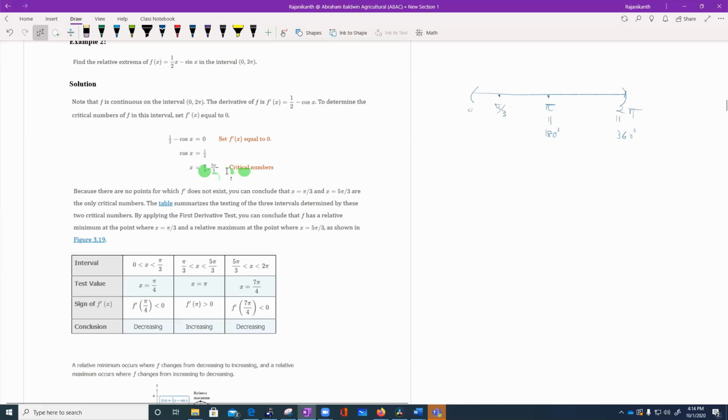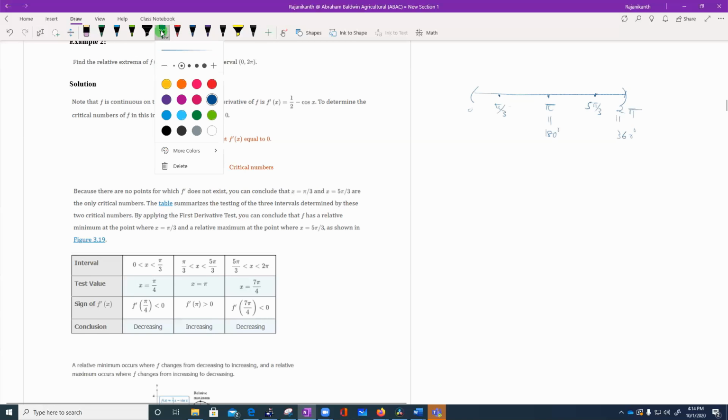Okay. The second critical point is 5 pi over 3. 5 pi over 3 is bigger than pi, right? So how much is it? It is 300 degrees, all right? So that is somewhere here. Okay. Now what is your task?